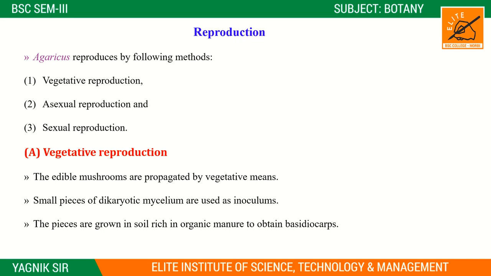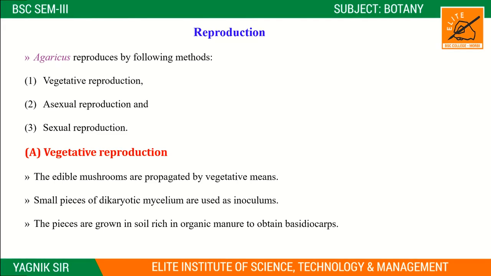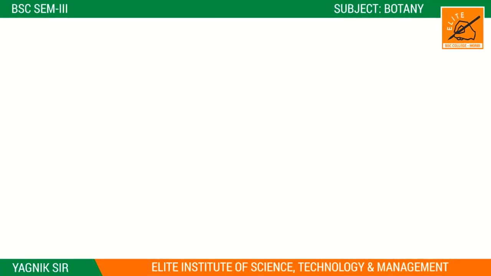That way these dikaryotic mycelia are divided into small pieces, and these small pieces are used as inoculum and are grown in soil rich in organic manure. એની અંદર વધારે પડતું જે આપણે ઓર્ગેનિક મેન્યુર્સ નાખ્યું હોય તેમાં ન્યુટ્રિશન છે એ હાયર લેવલની અંદર હોય છે. And then to obtain the basidiocarps, કારણ કે આપણે ઉપરનું જે બોડી છે એ આ પ્રોસેસ પૂરી થાય પછી જ એમાંથી ડેવલપ થશે.